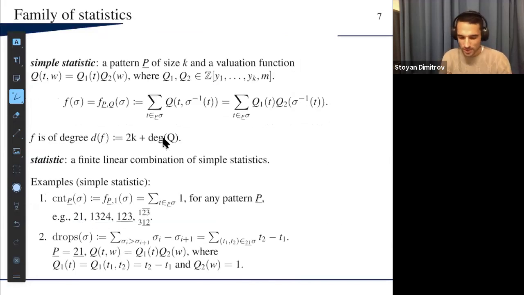Another example is this statistic called the descent drop statistic, and it's defined here. What is interesting here is that it was proved by Carl Peterson and Bridget Tenner that this statistic is equidistributed with another statistic called depth.